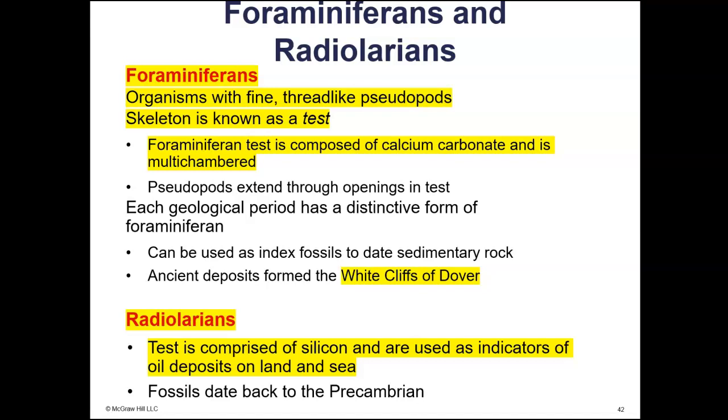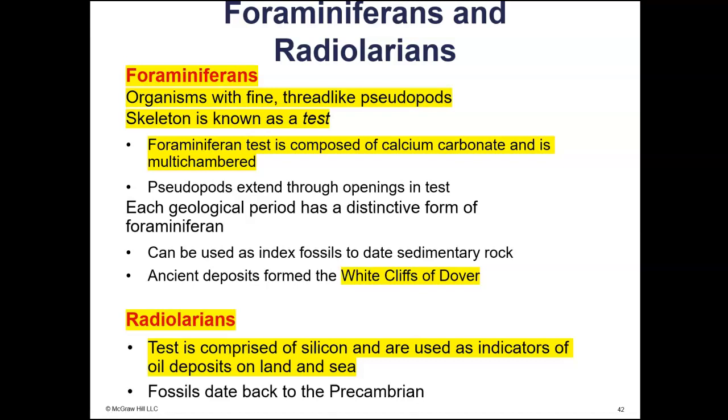But we really want to focus on the foraminiferans and the radiolarians. Both of these contain pseudopods, and they both contain a skeleton known as a test. The difference is the composition of their shell or skeleton. Foraminiferans are composed of calcium carbonate, which is basically a chalky type of substance.